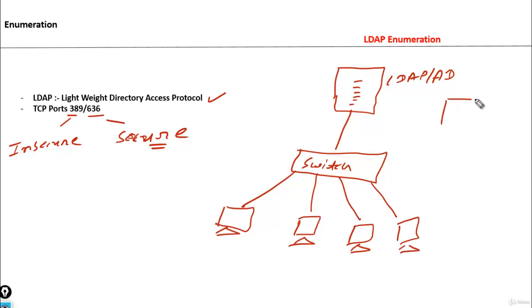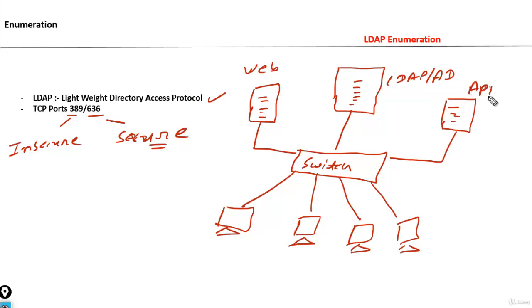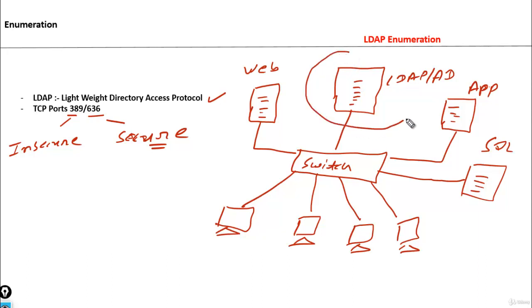You also have different servers in your organization, like a web server, an application server, and a database server like SQL Server. So you have multiple servers in your organization and you want to create this server as a centralized management server for users and groups.